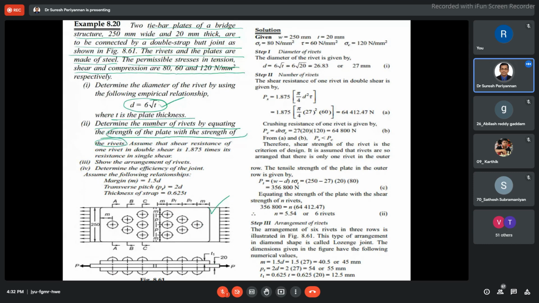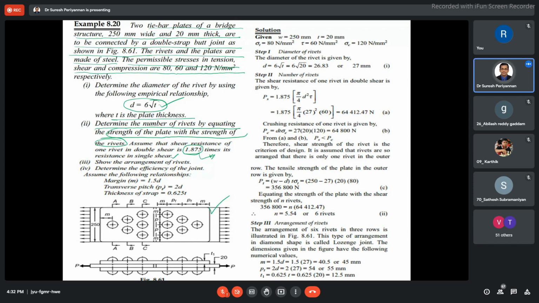Assume the shear resistance of one rivet in double shear is 1.875 times, based on the Indian Boiler Regulation, that of single shear. Now show the arrangement of rivets. The last one is to determine the efficiency of the joint.